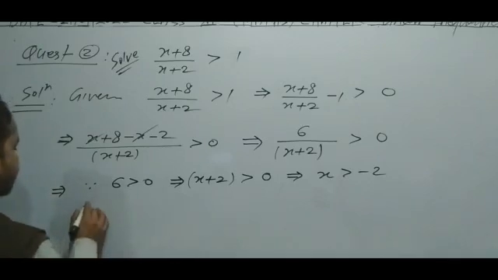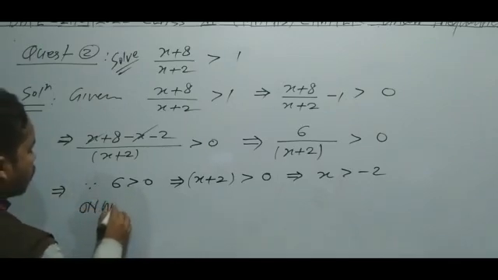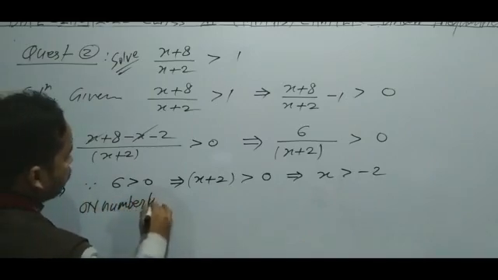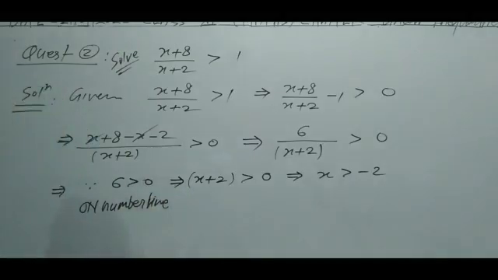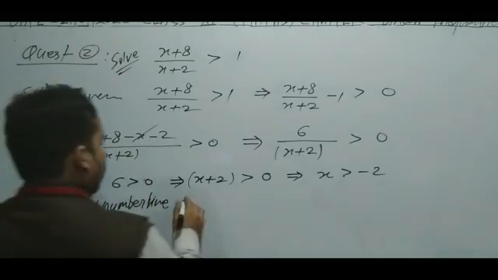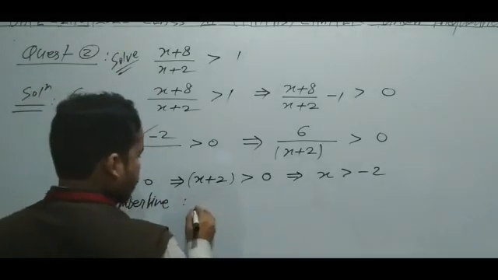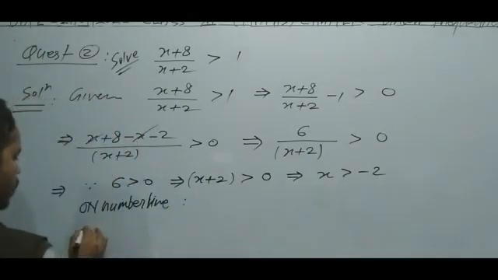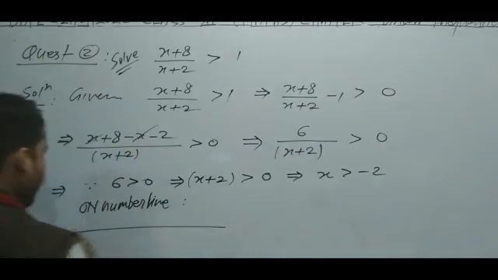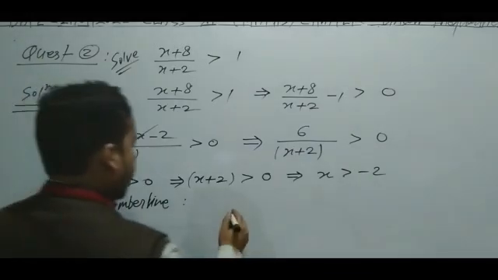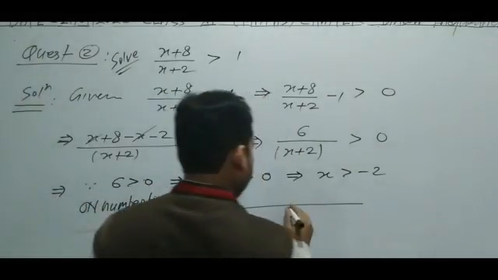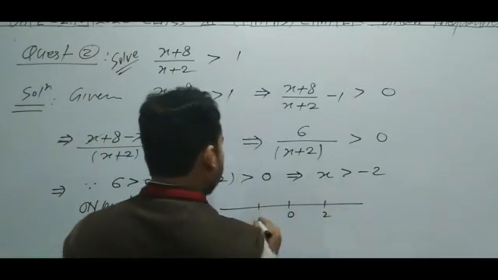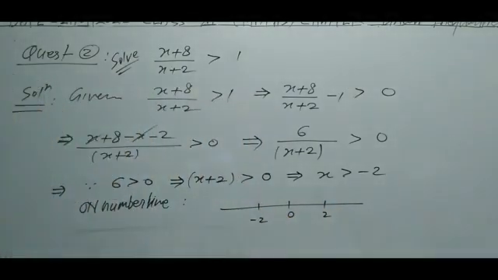On the number line you will see, suppose this is 0, this is 2 and this is minus 2.